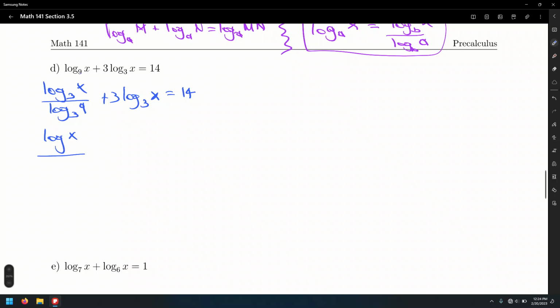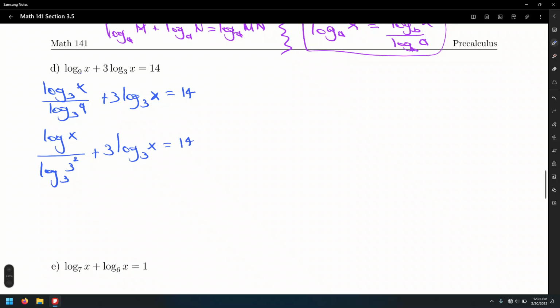We can write that number 9 as a power of the exact same base, to have a match and cancel them out. So log base 3 of 3 squared. That's the equivalent form to write it down, times that, plus 3 log base 3 of x equals 14.